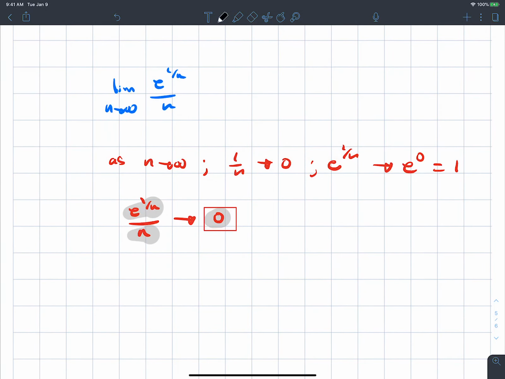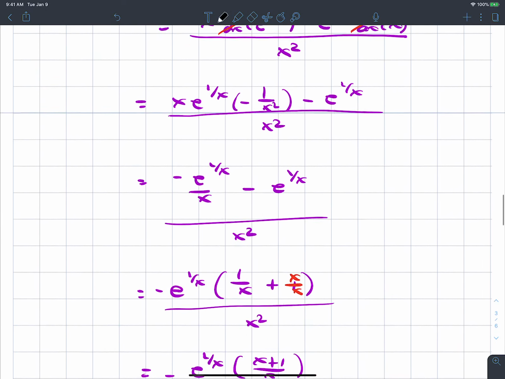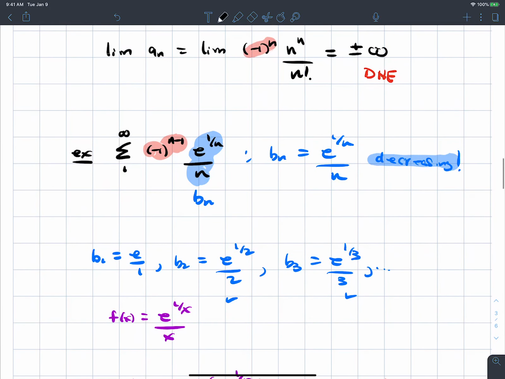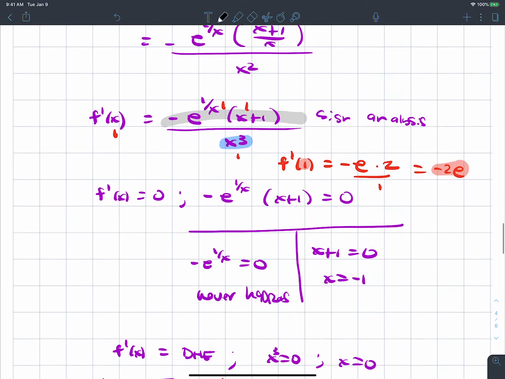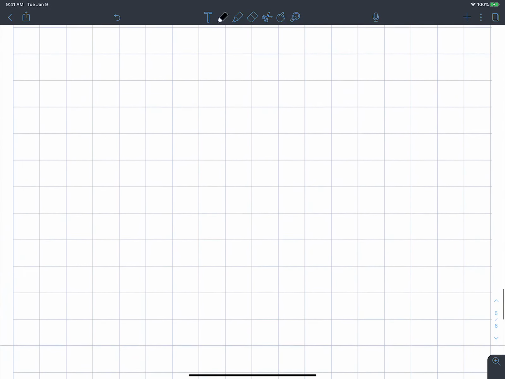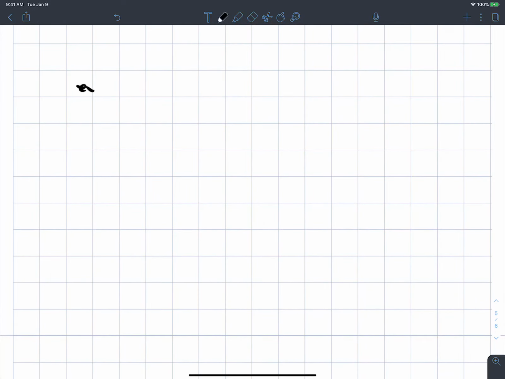And more importantly, what this means is we have convergence here. So this converges by the alternating series test. By AST. And that's what we have here. And something very similar happens, like if I said to you, what happens if they gave you a series that looks like this, something extremely similar.